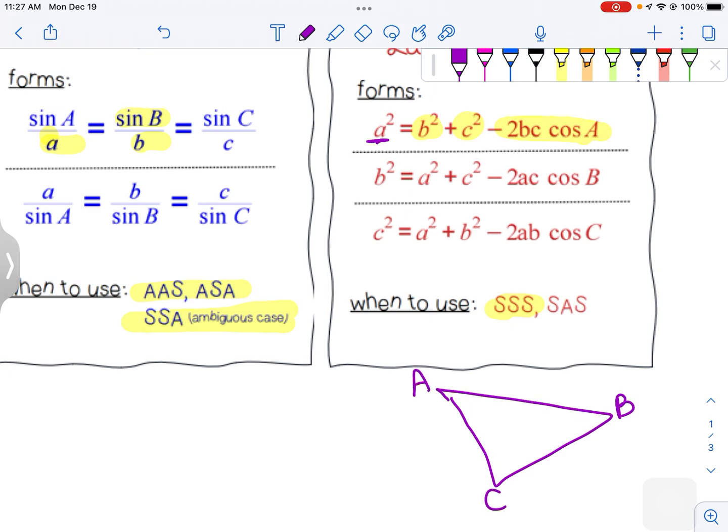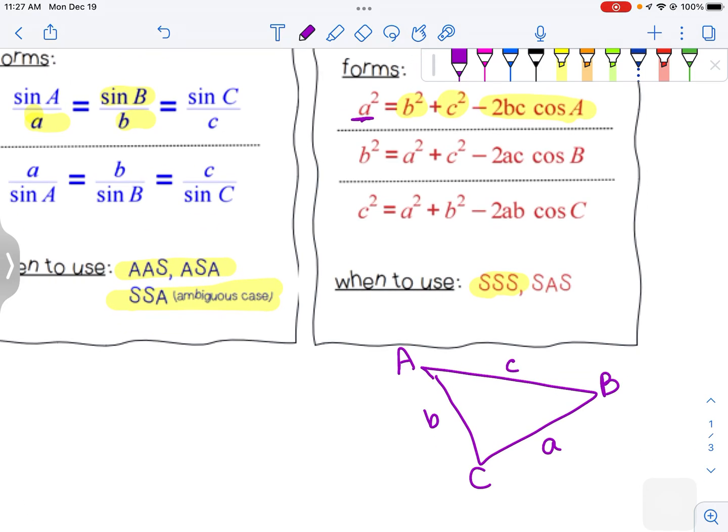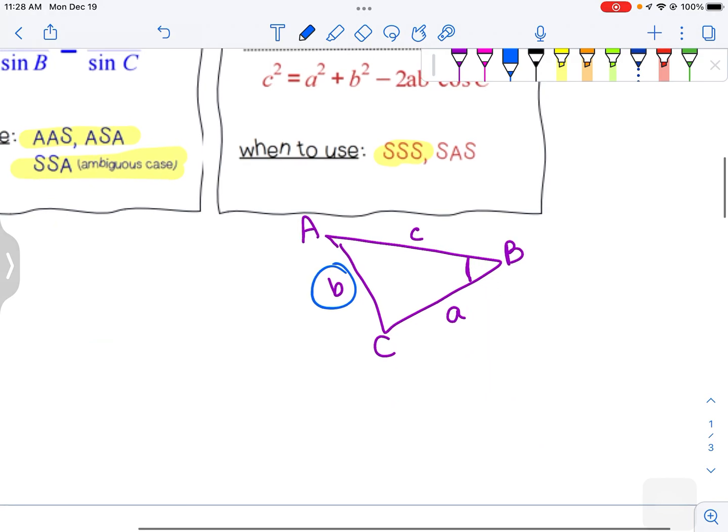A, B, C. So in order to find, let's say we're finding this side B. If you're finding B, then you do B squared equal to, then you use the other sides, so C squared plus A squared.